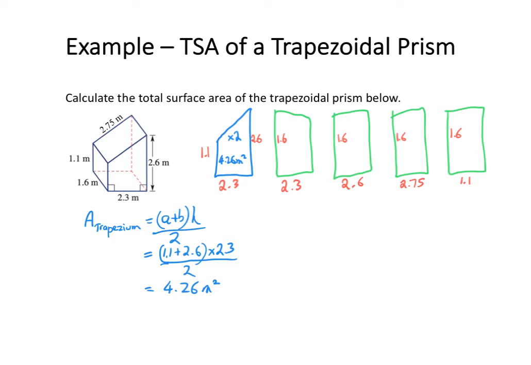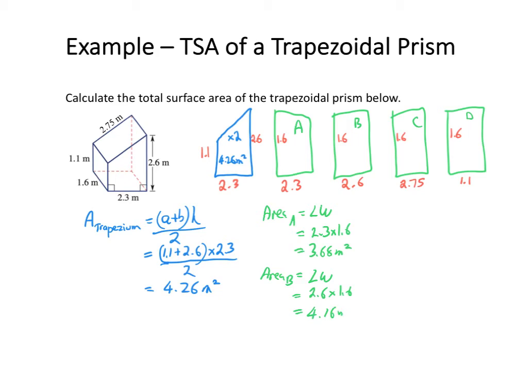Our next step is to calculate the area of the four rectangles. To help us, we'll label them A, B, C, and D. Starting with the area of A, it's equal to length times width, which is 2.3 times 1.6, which equals 3.68 meters squared. Then area B is 2.6 times 1.6, which equals 4.16 meters squared.